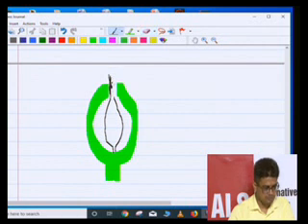So this is the gynoecium. And the gynoecium is here. I'm just shading it randomly.